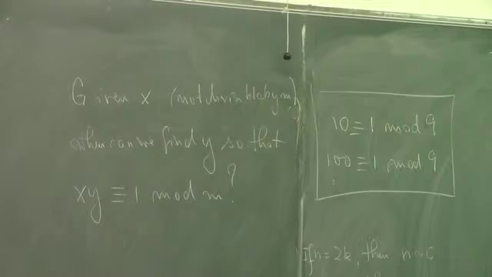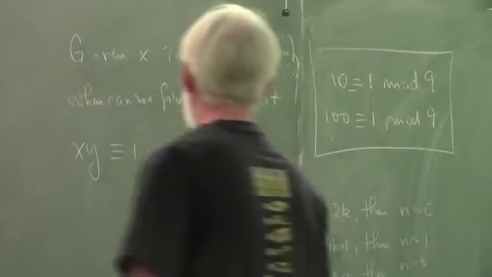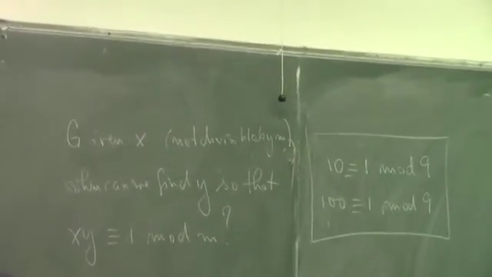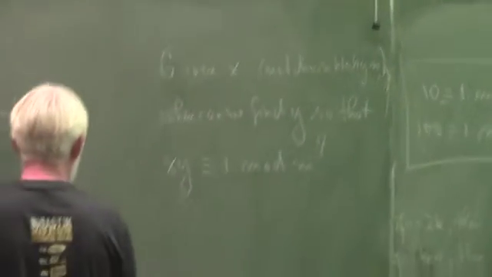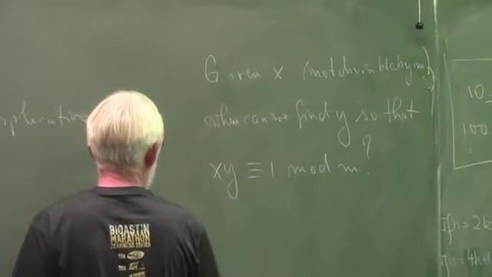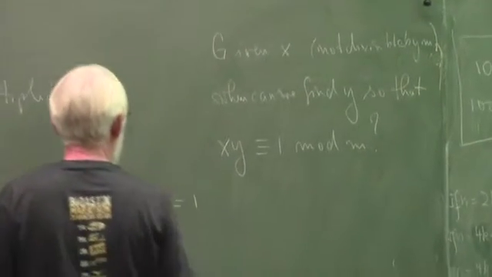So the statement here would be that xy is 1 plus m times k. Right?